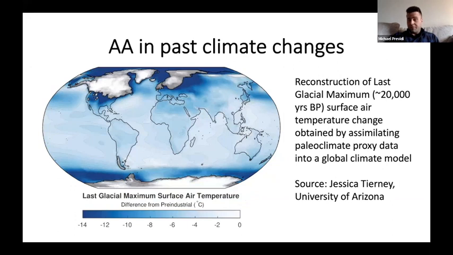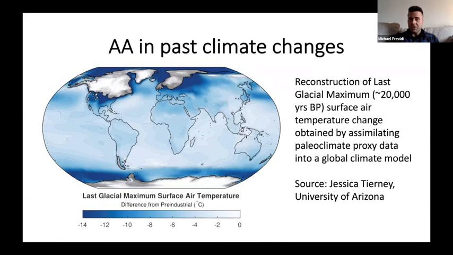It's also a feature of past climate changes, and this is just one example of that. This is a reconstruction of surface air temperature change at the last glacial maximum, which was about 20,000 years before present. This reconstruction was obtained by assimilating, or putting, paleoclimate proxy data into a global climate model. By paleoclimate proxy data, I mean environmental indicators of past climate change.